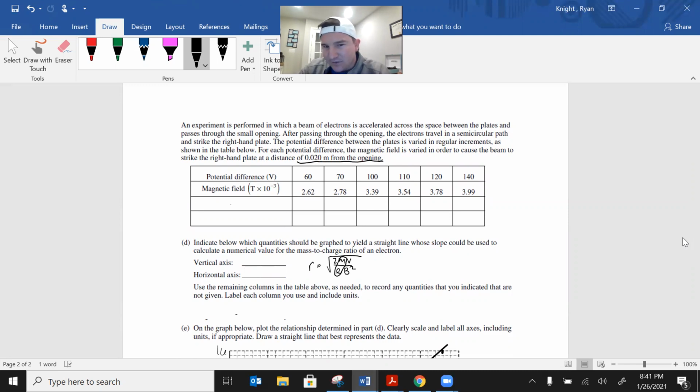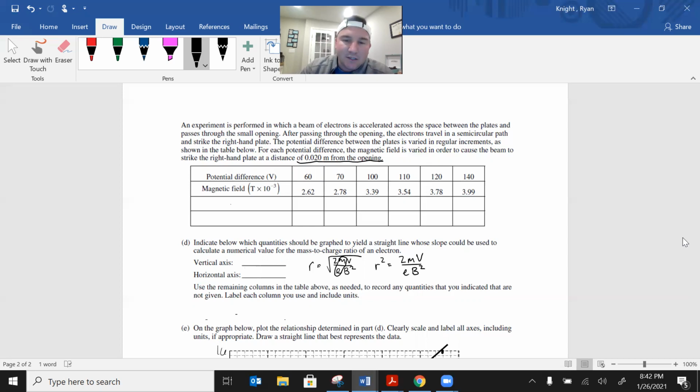So initially what I was thinking was, okay, I'll just square both sides, so we get r squared equals 2mV over eB squared. And then I'll just plot r squared against 2V over B squared, and that'll give me a graph that shows what I need, with m over e ending up being the slope.